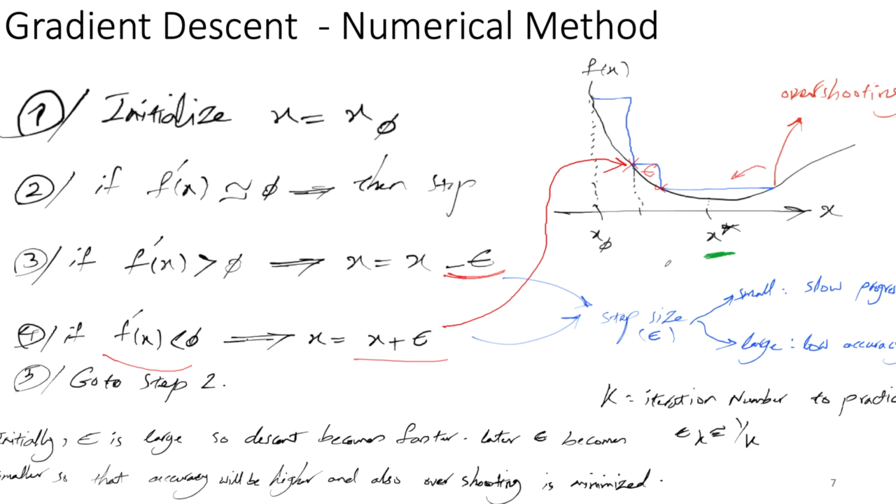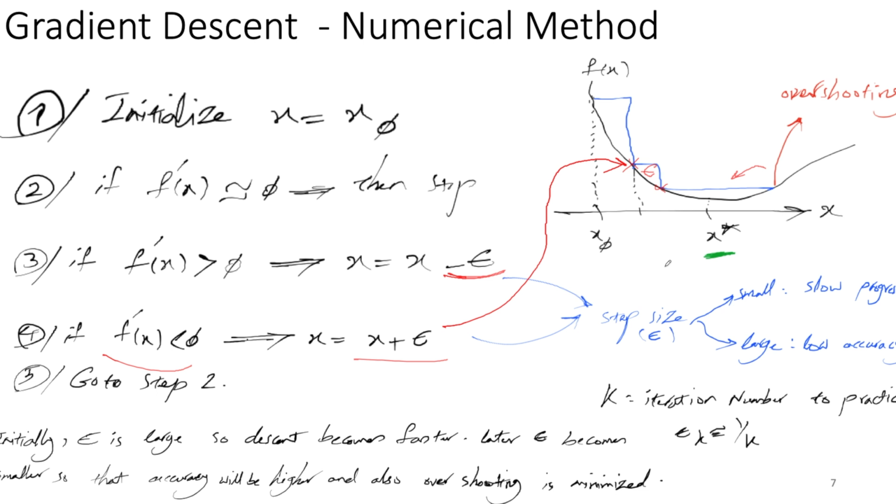We also talked about the number of iterations it needs to converge, and we defined it as E of k equal to 1 over k. One of the things we discussed was that initially E is large, but as we go step by step further, we make it smaller in order not to overshoot the solution space.